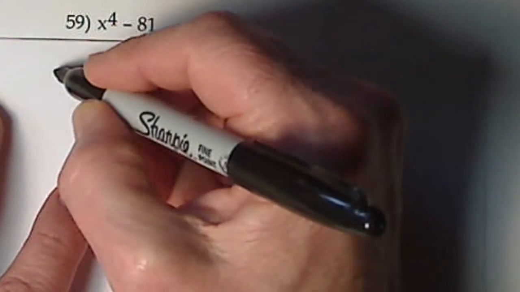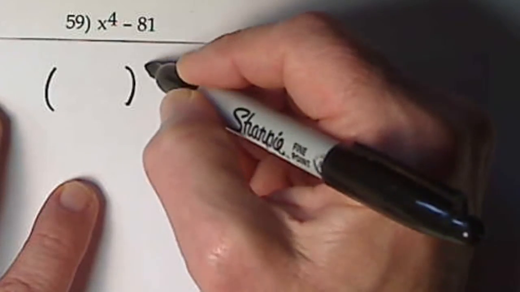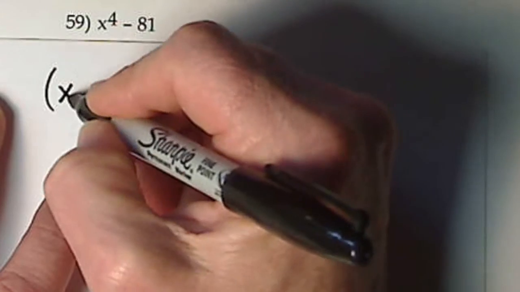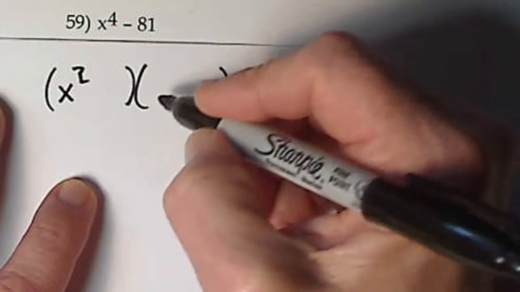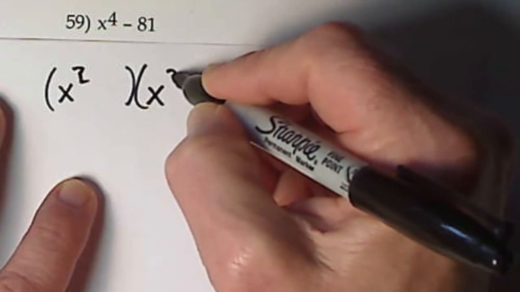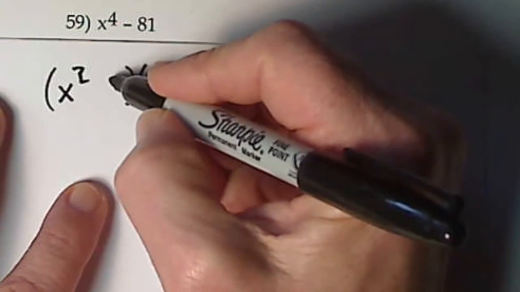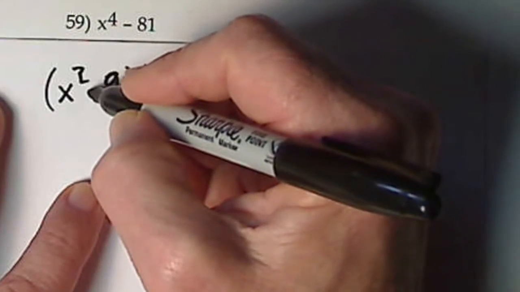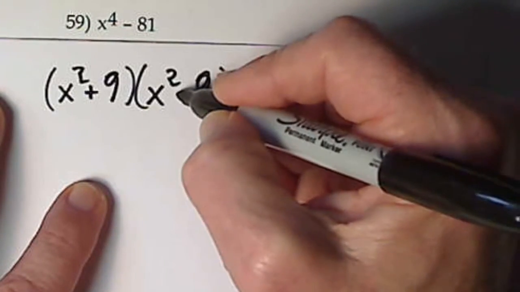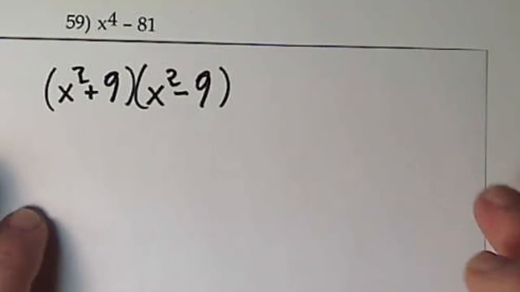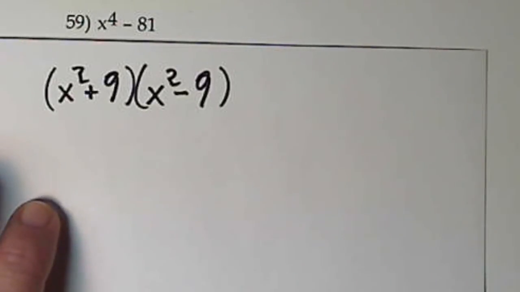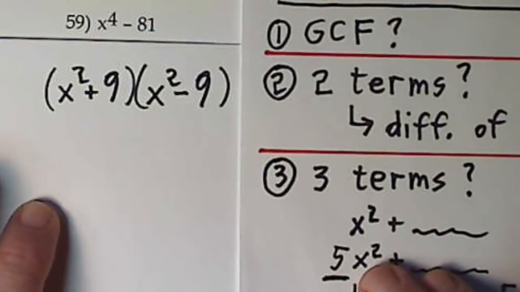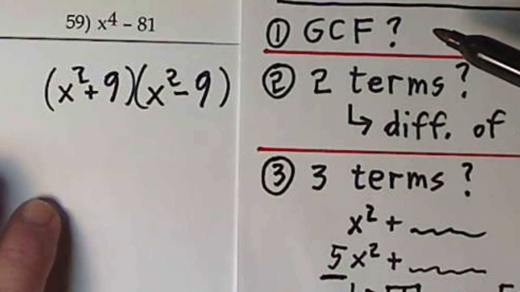So you take the square root of the first term, that would be x squared, and that goes in the first position. The square root of 81 is 9. And then you just have to remember to have one positive and one negative. But you actually keep referring to this list each time. Usually you can't go any further, but you would still refer to this.